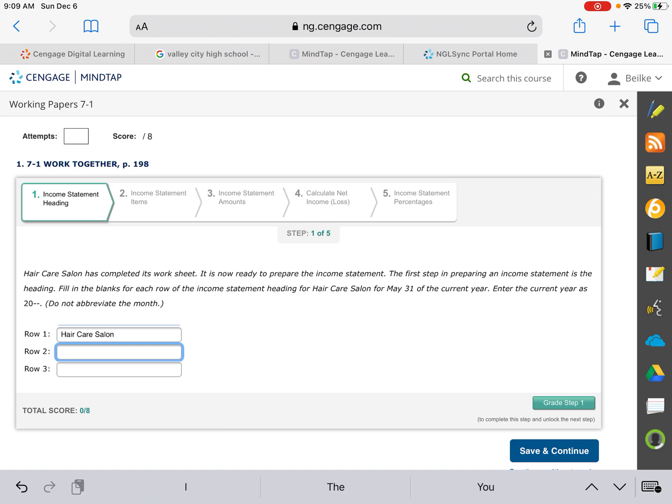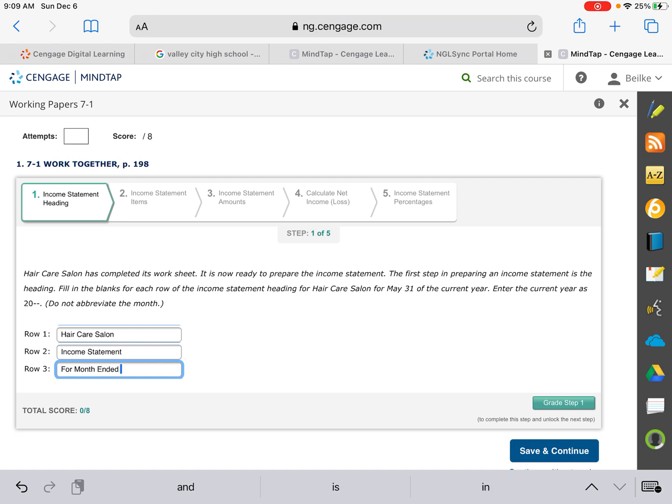Row 2 of our heading is the name of the financial paper. We are preparing an income statement. And row 3 is for the date. And since this covers a period of time, we have to put for month ended.